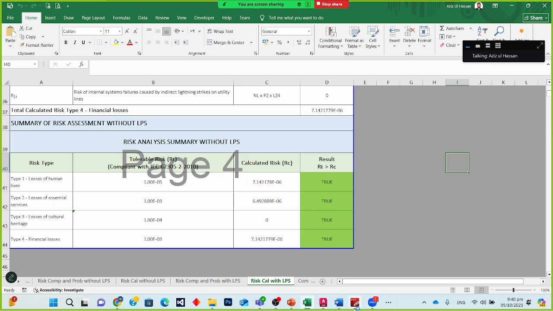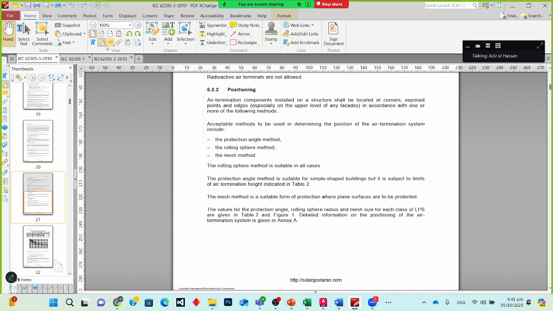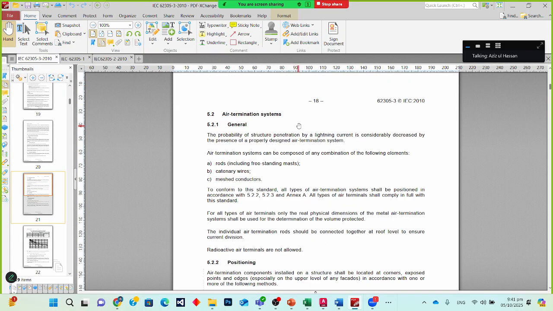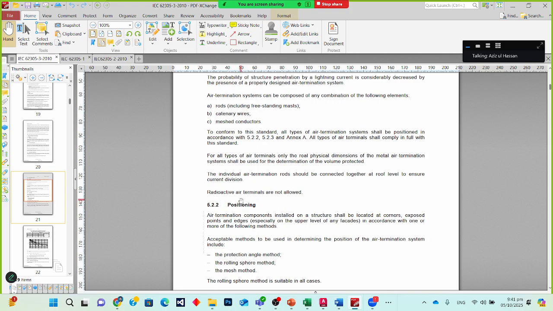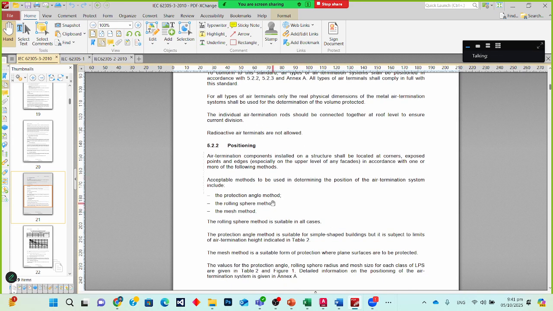So how will we calculate the level 4 protection values? There are three types of protection methods: the angular method, the rolling sphere method, and the mesh method.